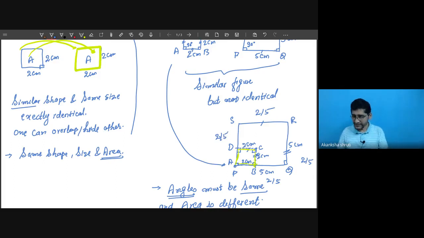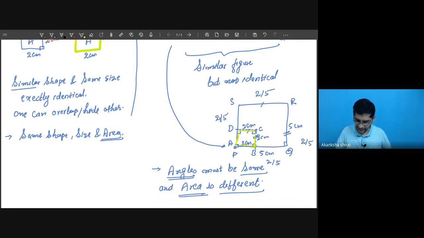So this way, this is the other important property of similar condition. So the side length ratio is always constant, right? Side length ratio is constant. Okay, student, it is this way.